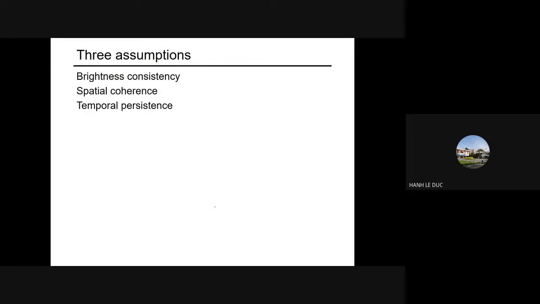The Lucas-Kanade algorithm is based on three assumptions: brightness consistency, spatial coherence, and temporal persistence. Briefly speaking, the three conditions say that the change of the object between two frames, for example frame one and frame two, is not too much.